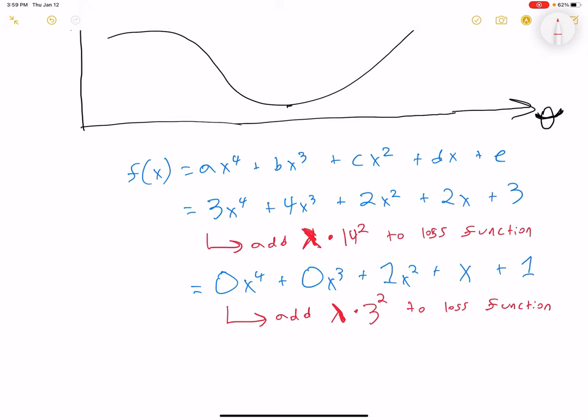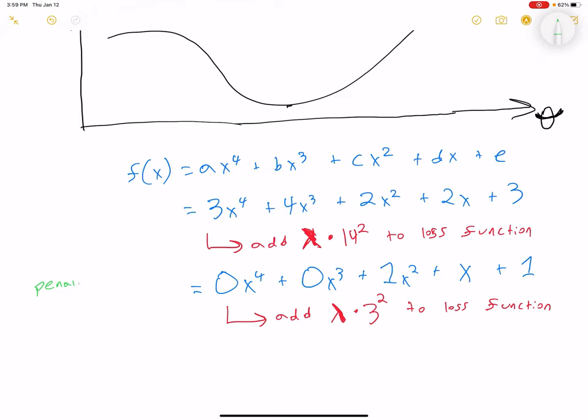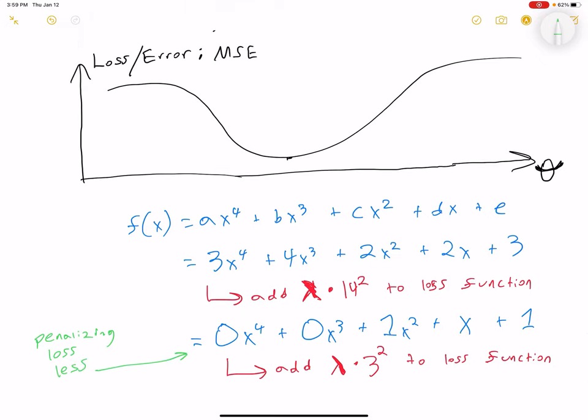And so in the second case, we're adding less, we're penalizing the loss function less. Let me explain it in one different way, so maybe visually.